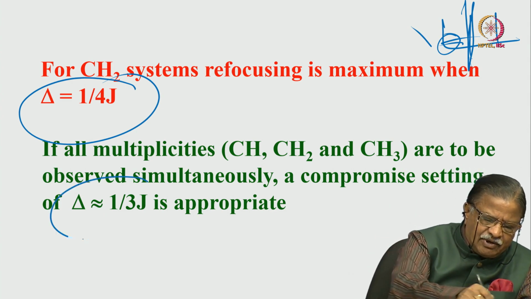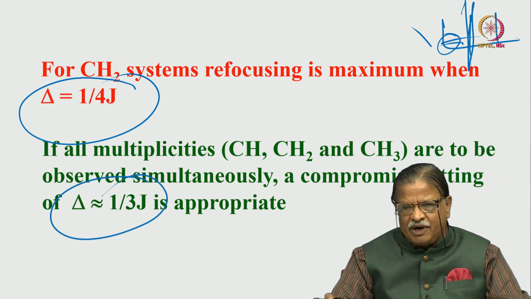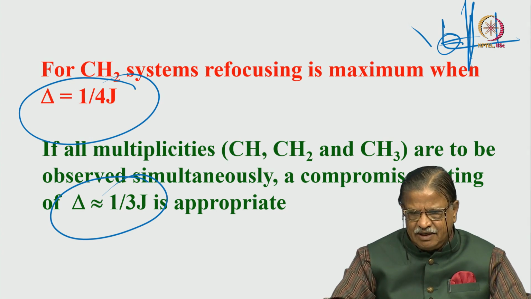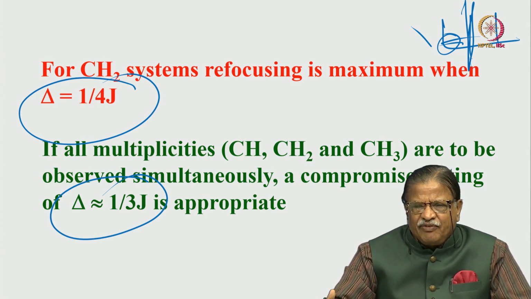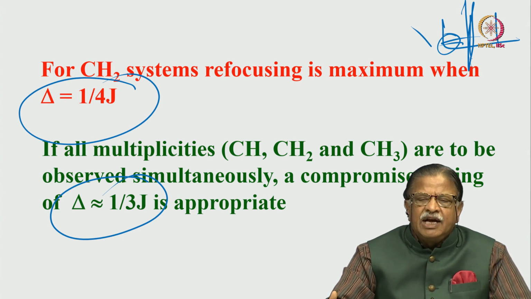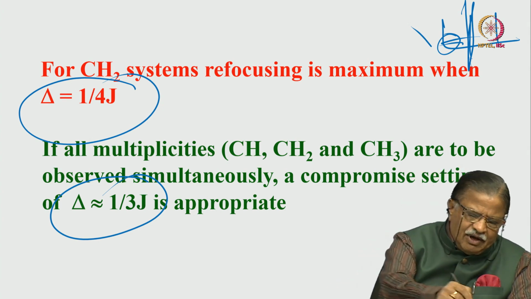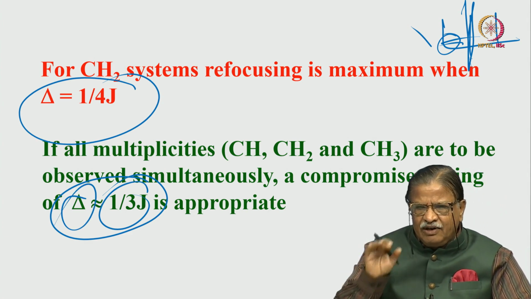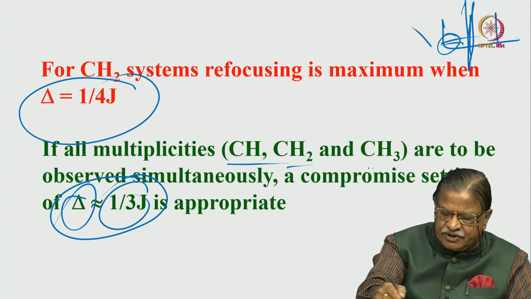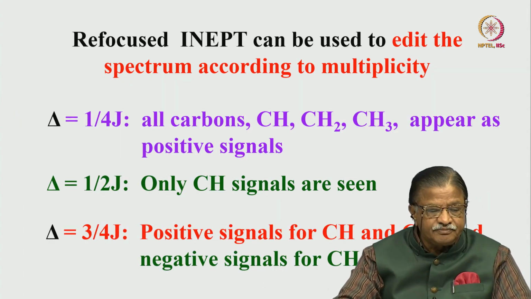Delta approximately equal to 1/3J is an appropriate value, more or less. There is no preferred value, but approximately 150 Hertz is taken as the one-bond CH J, and 1/3 of that is given as the delay. That is appropriate for all the multiplicities of CH, CH2 and CH3 being refocused.